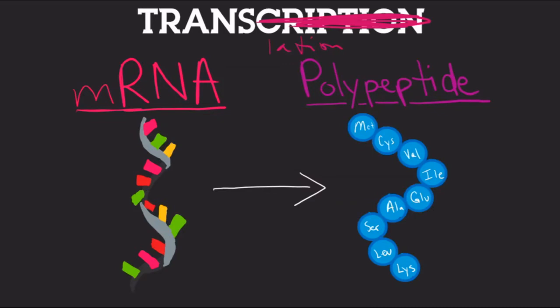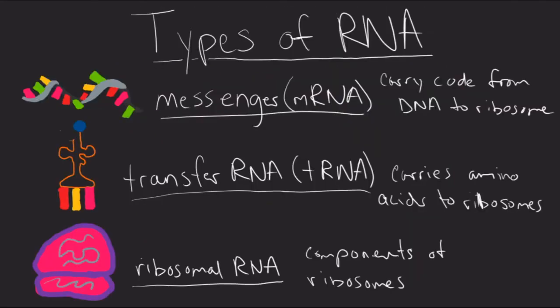Translation. All right, translation. And in that process of translation, how in the world are we going to get from mRNA to a polypeptide? Well, we're actually going to use all three types of RNA that are available to us here that we mentioned in the previous video. We have messenger RNA that's carrying the code from DNA to the ribosome.